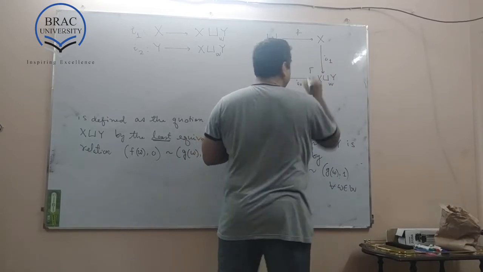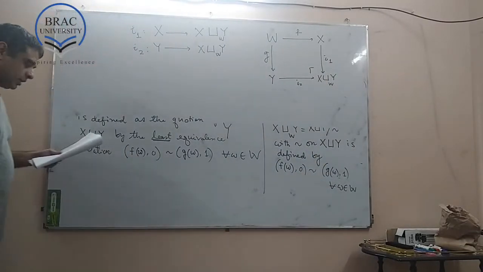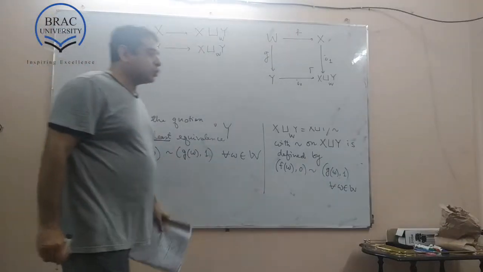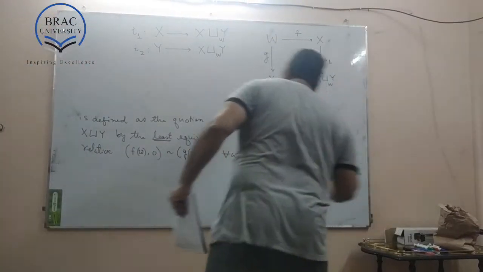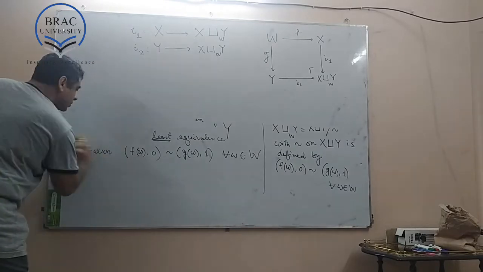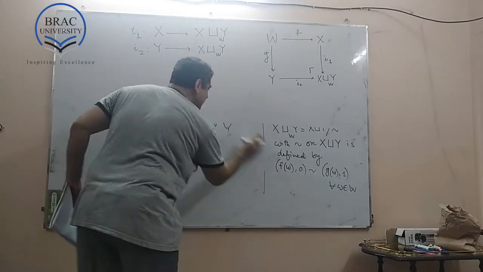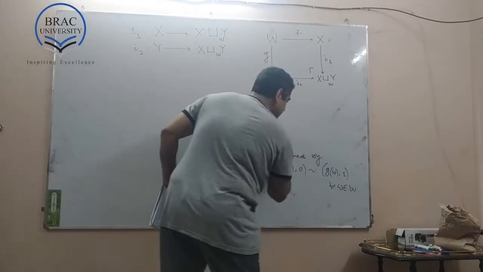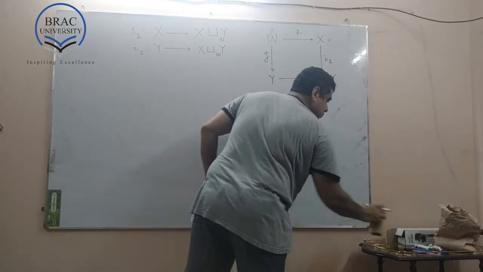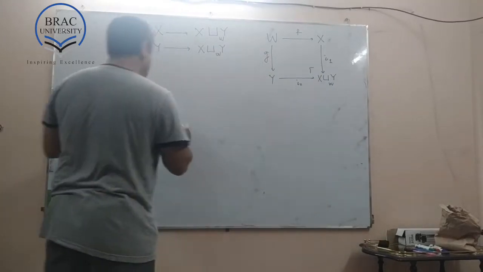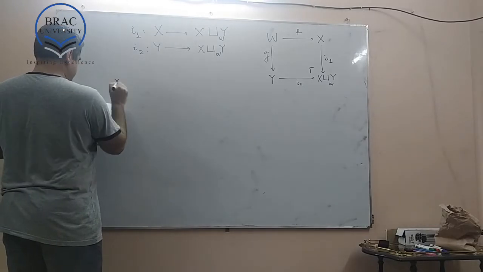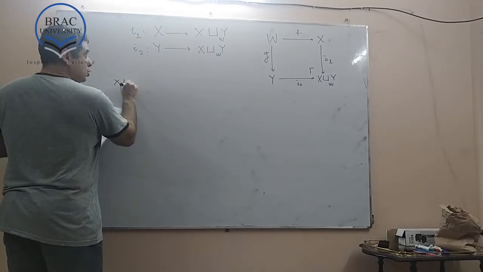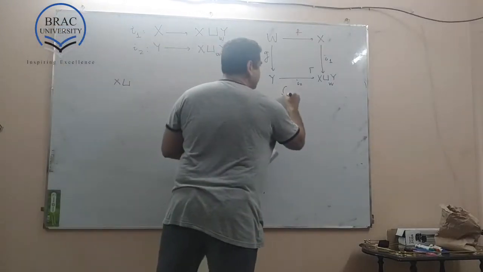And we put a corner symbol here to designate pushout. So let me define pushout now. Pushout is nothing but the same as the fiber sum. Okay. So this diagram can exist.